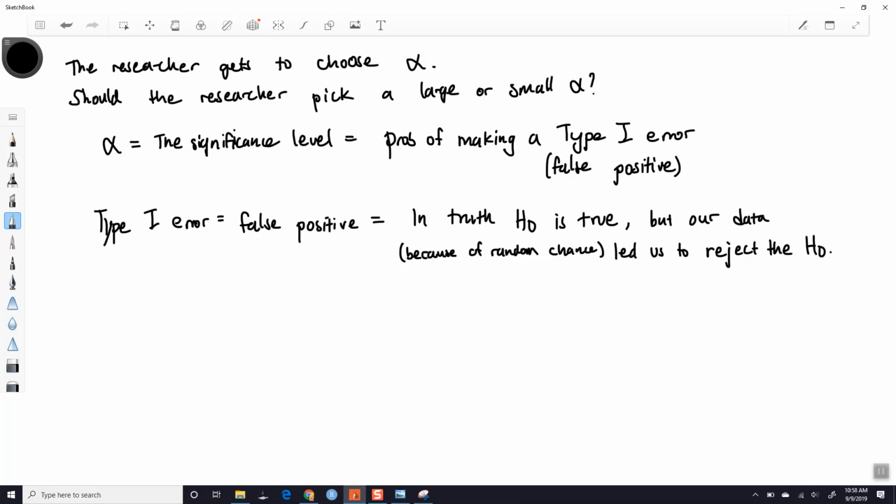That can happen because, again, our data is a result of a random process. So maybe you're comparing the brand name product to the store brand, right? You go to Costco and they've got the brand name and they've got Kirkland Signature, or you go to Walmart and they've got the brand name stuff and Great Value.